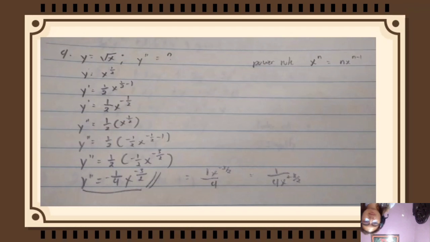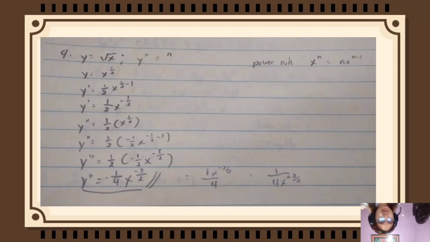Ito to. X raised to 1/2. Kunin natin yung negative 1/2 times x raised to negative 1/2 minus 1. Ano yung sagot niya, diba? Nagiging negative 3 halves siya.